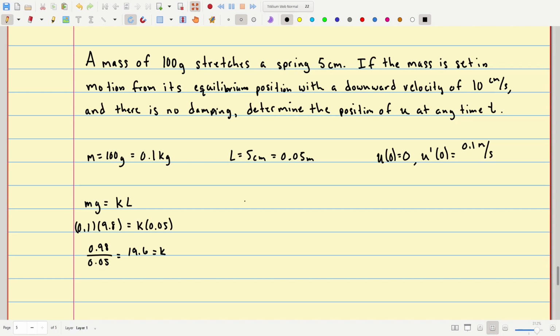And what that allows us to do is write out our differential equation. Okay, this is a homogeneous equation. There's no forcing function being applied to what's going on with the spring. And so we have no U prime term because we are told that there is no damping.